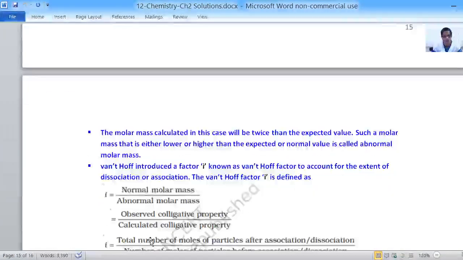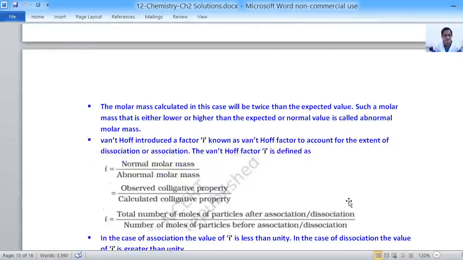i is equal to normal molar mass divided by abnormal molar mass, which is also observed colligative property divided by calculated colligative property, which is also the total number of moles of particles after association or dissociation divided by the total number of particles before association or dissociation. So please study these equations.